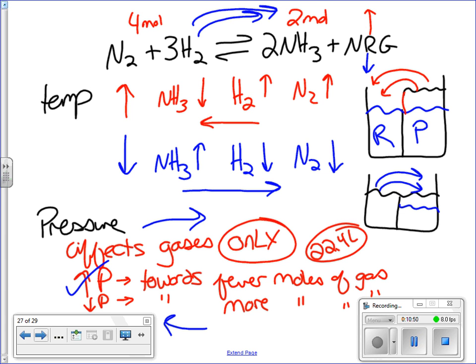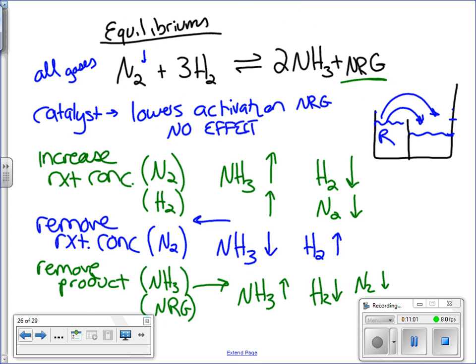I'm going to make it really cold, and I'm going to pump out, let's do this in green, I'm going to pump out as much energy as possible because that increases my products. Let's look on the other page. I'm going to increase the concentration of my reactants, my N2 and my H2, and I'm going to remove my product. All of those are going to cause my reaction to push towards ammonia.